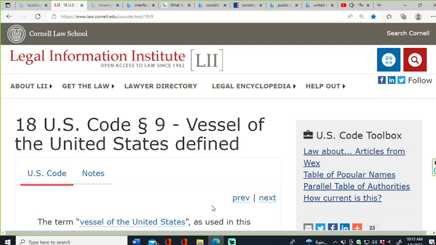The United States is nothing but a trust protector. So private contractors contract with the government, and they're supposed to protect your private rights.